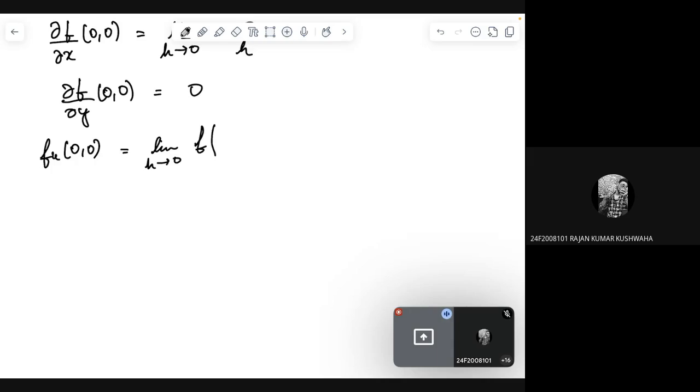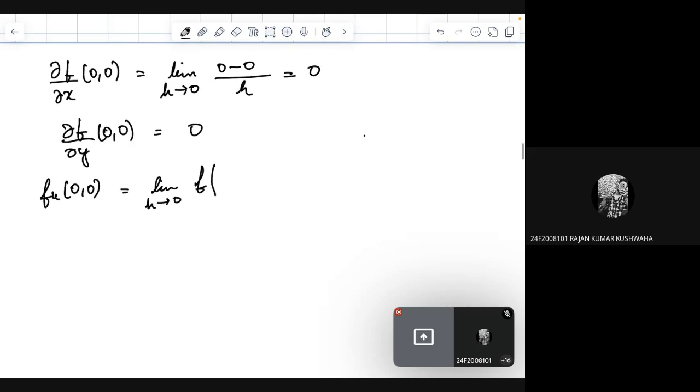And since this is the example I'm taking, I'm taking u as (cos theta, sin theta). I'm trying to see if the directional derivative exists in this particular direction.